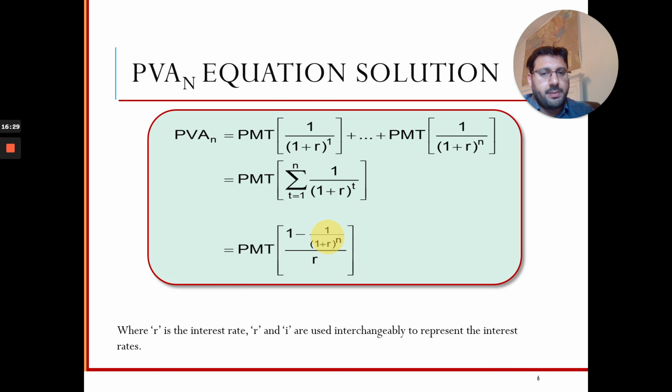So my denominator is very big. 1 plus r raised to the power n is so big that if I divide 1 by such a big denominator, this term 1 divided by 1 plus r raised to the power n is almost approaching 0, right? So in the numerator, I'll get 1 minus 0, which is actually 1. So PMT into 1 divided by R becomes PMT divided by R.